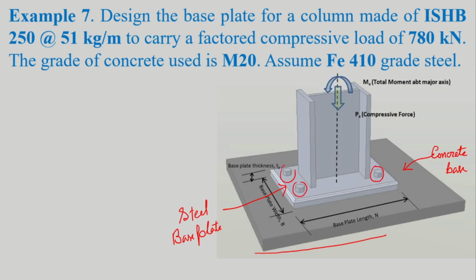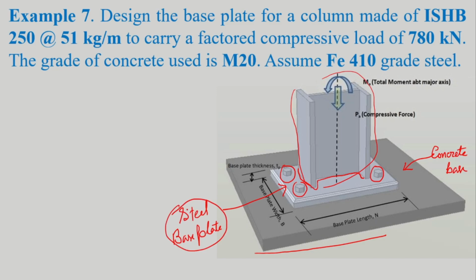And over this steel base plate, the column section is erected. This is the column section, which is the I section, and it is connected to the base plate with the help of some weldings throughout the section. So now in this example, we have to design this base plate for the column.